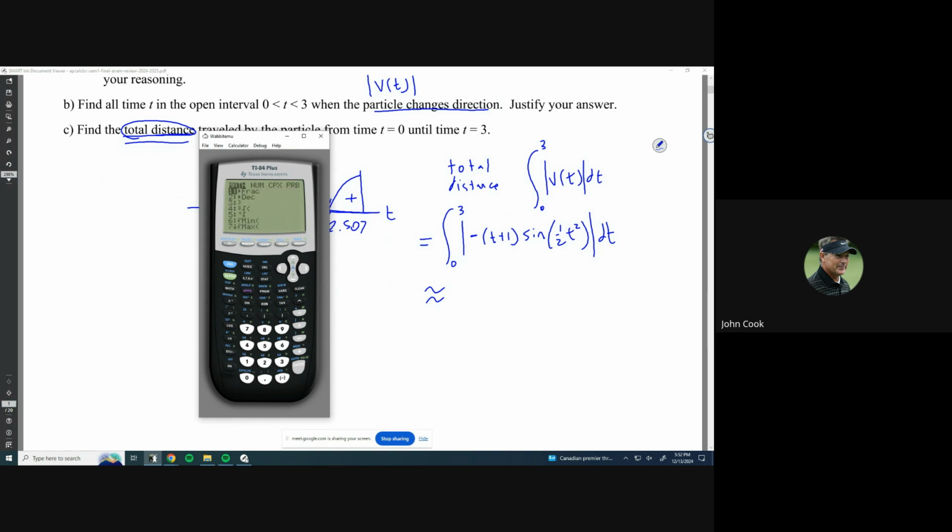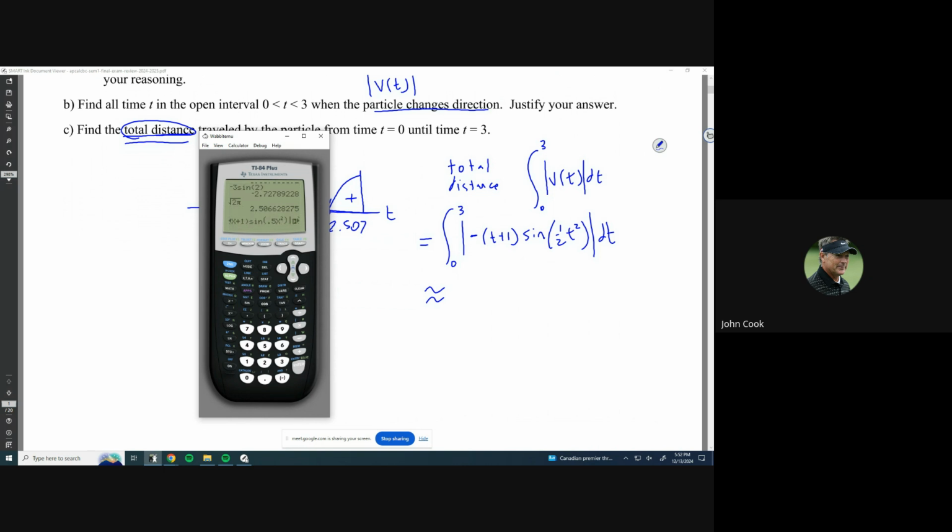Anyways, so let's see, math, integral, FNINT, there we go. We're going from 0 to 3. And then absolute value, I think that's in math. Yeah, number, there we go, absolute value. And then negative parentheses x plus 1, times the sine of 1/2 of x squared.